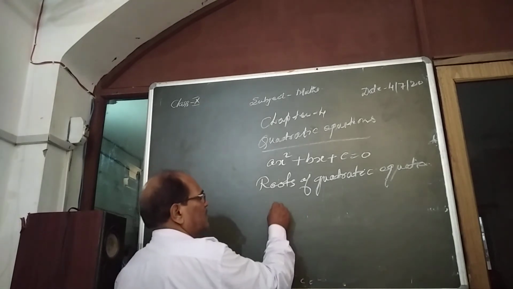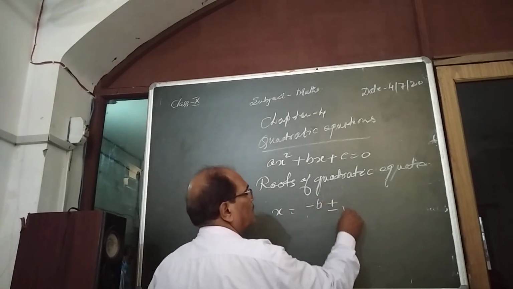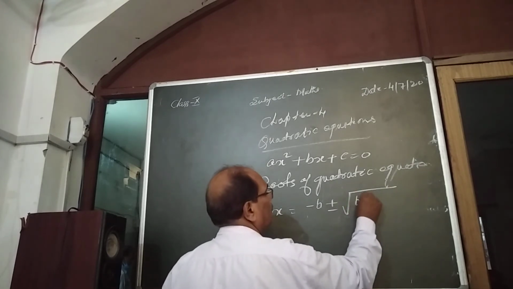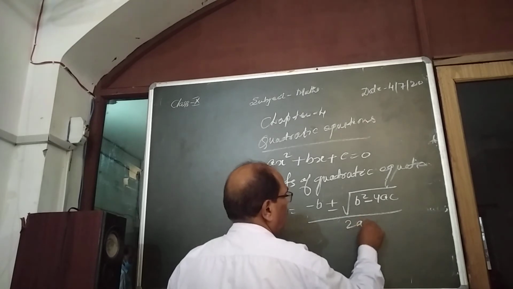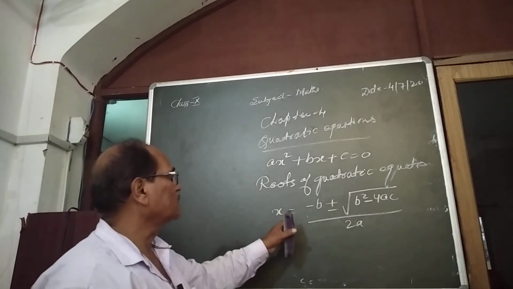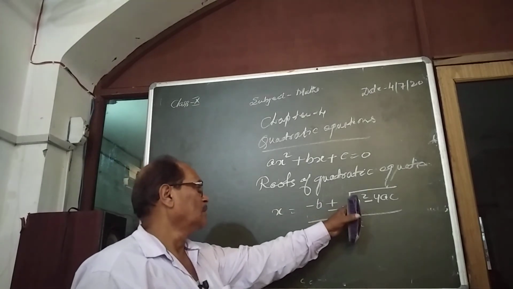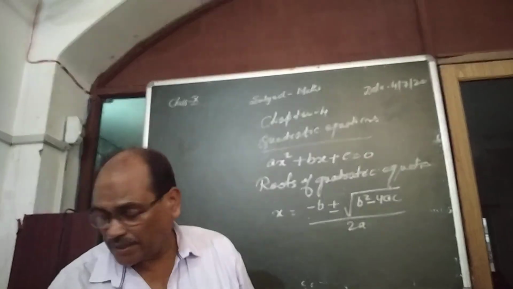So x equal to minus b plus minus under root b square minus 4ac upon 2a. The derivation of this formula I will teach in the next classes. x equal to minus b plus minus root b square minus 4ac by 2a. This is also right.